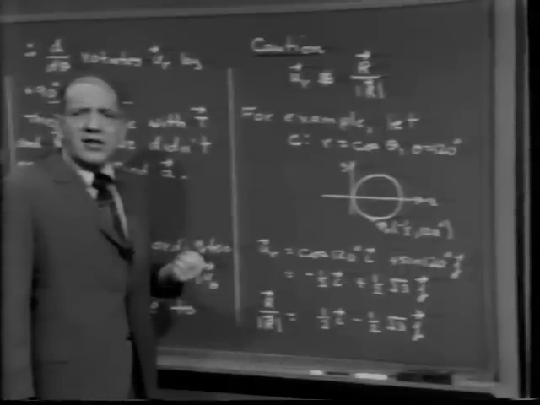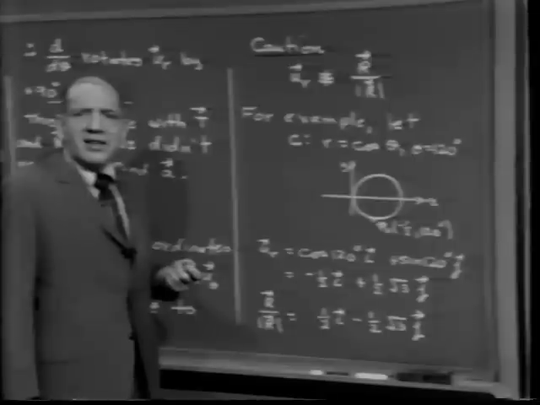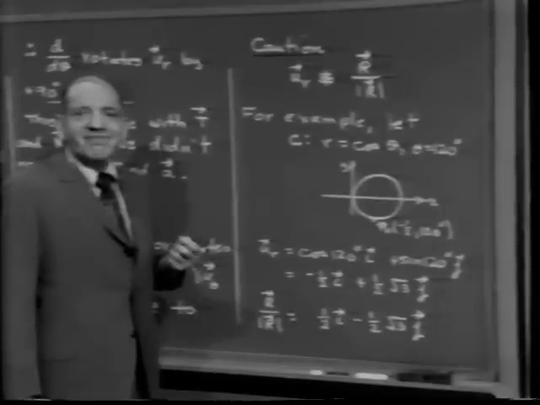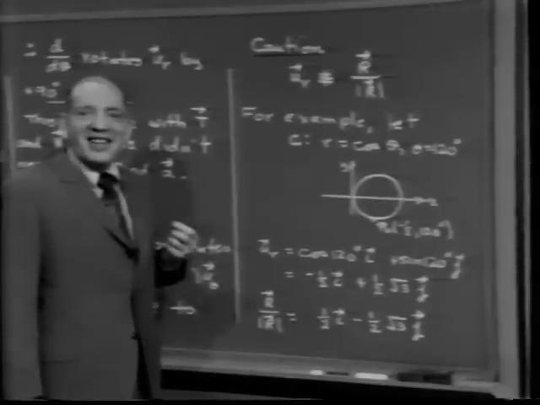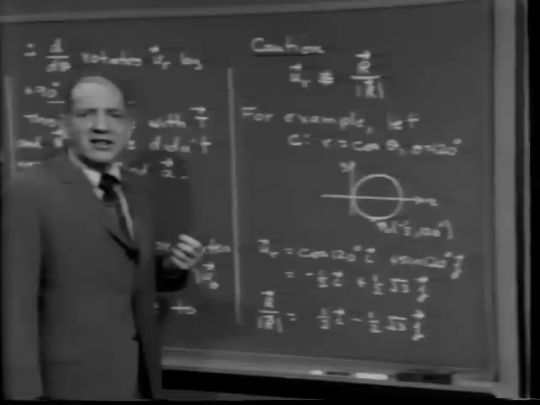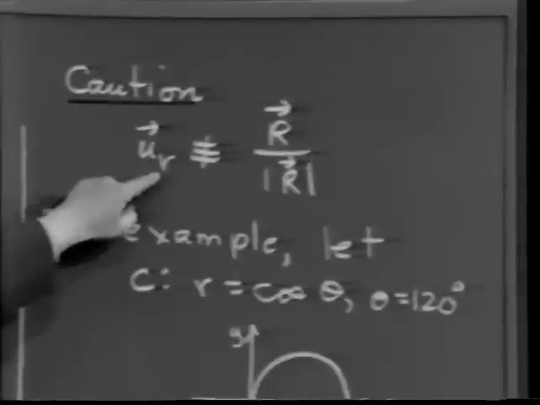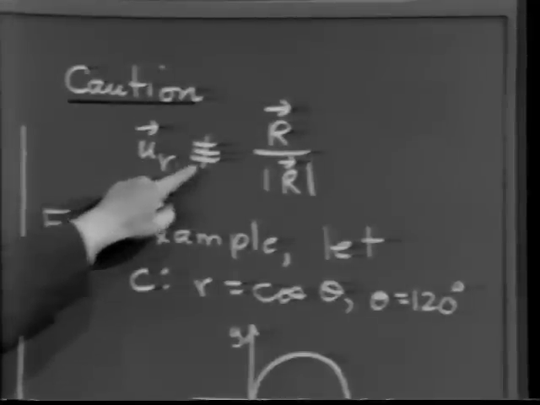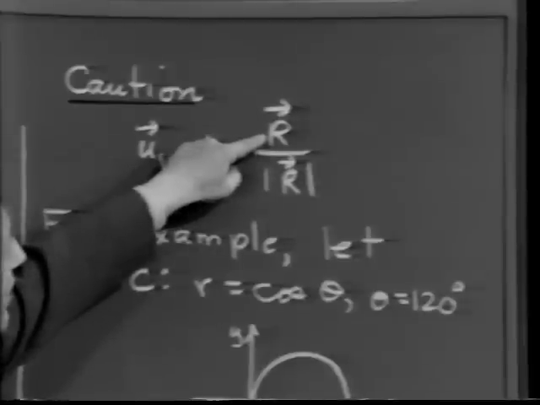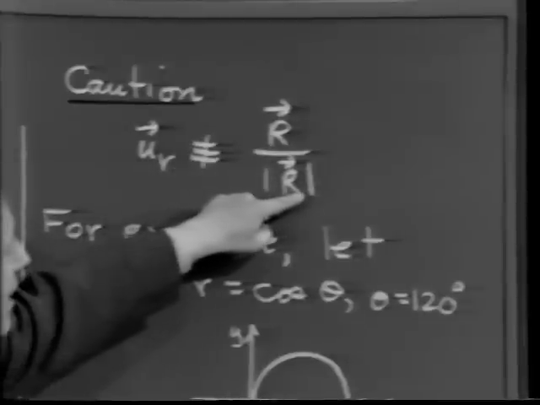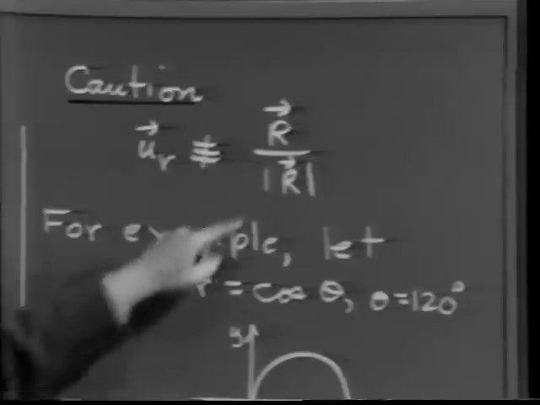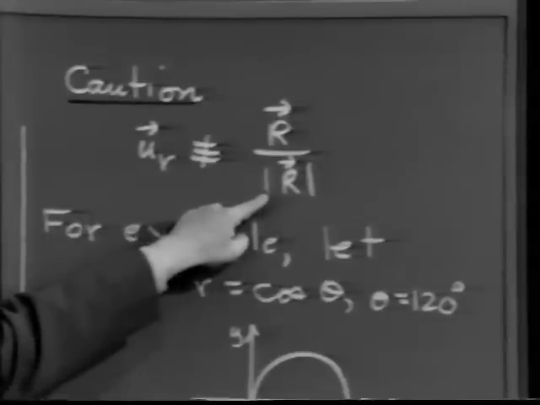And this is one of the reasons why, even though Professor Thomas in the textbook doesn't make such an issue over this, I am such a bug on using the phrase sense as well as direction. And that is, my claim is that the unit vector u sub r need not be the radius vector r divided by the magnitude of r. It'll have the same direction, but watch what happens with sense.